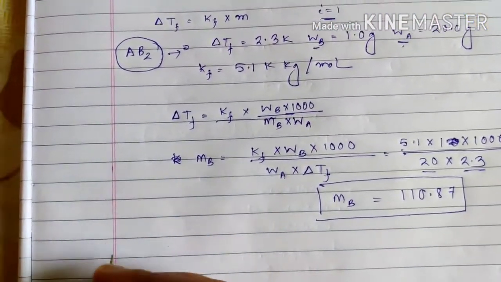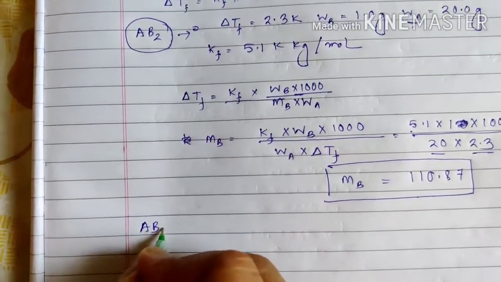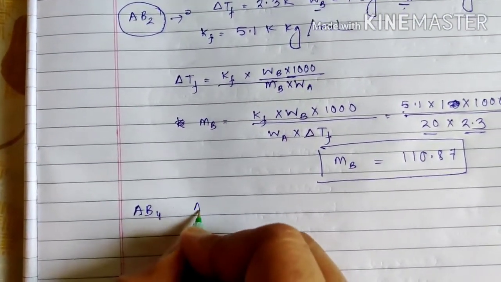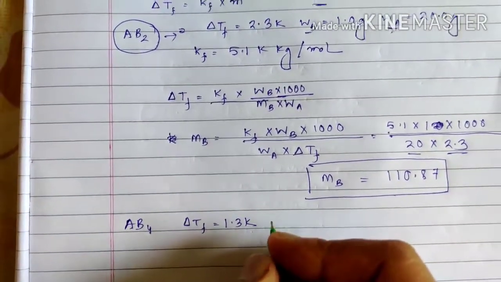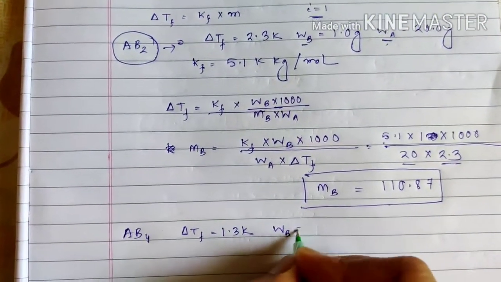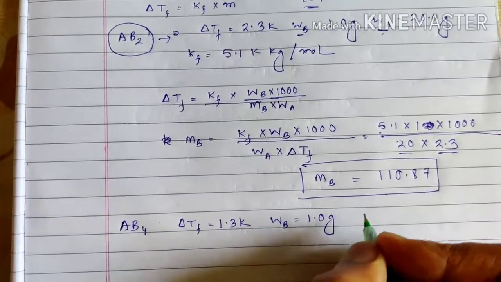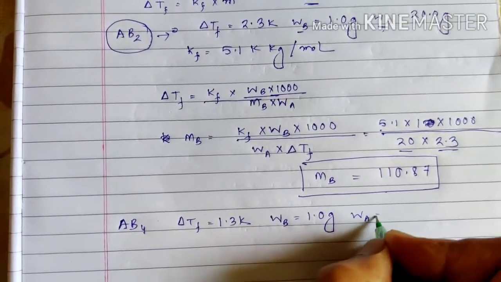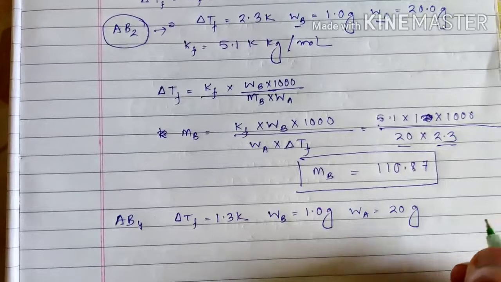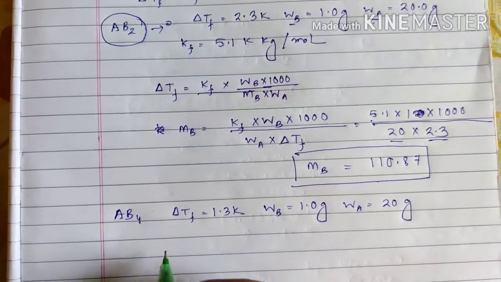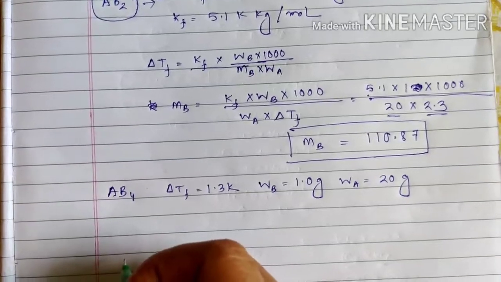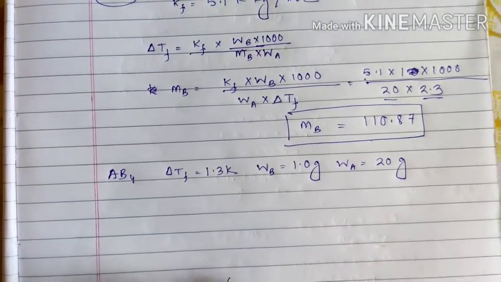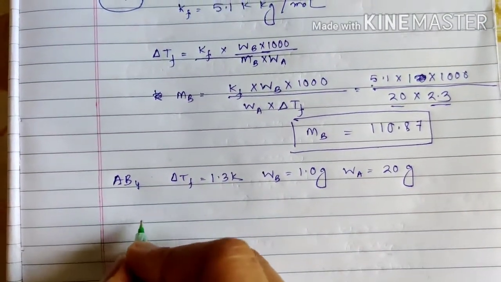And on the other side, for compound AB4, similarly, delta Tf is given as 1.3 Kelvin, WB is given as 1.0 gram, WA is given as 20 gram. And since it is also benzene in which it is dissolved, the Kf value will be the same.